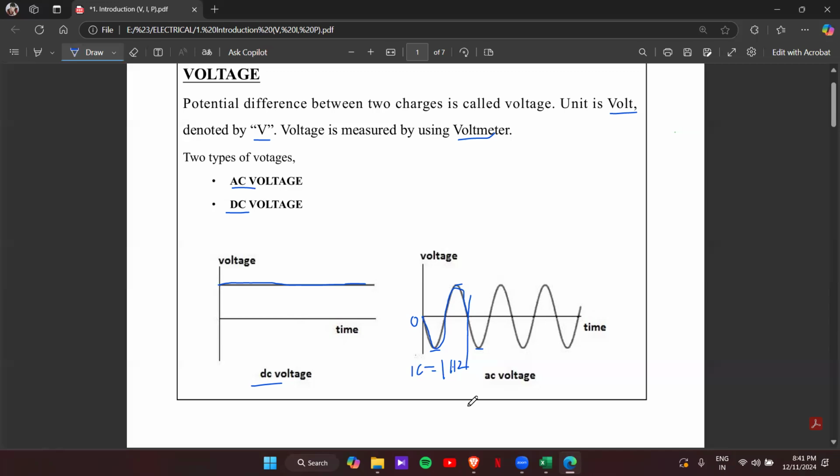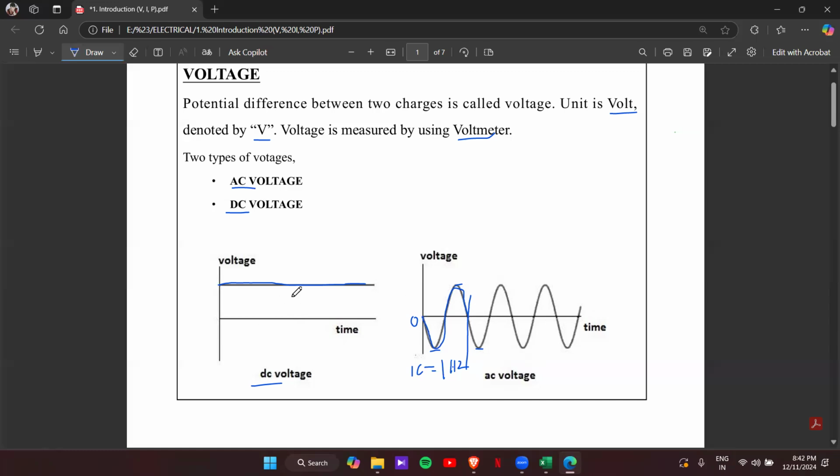So hertz is the frequency of the AC voltage. 50 hertz means in 1 second there will be 50 cycles completed. So that's what the frequency refers to.